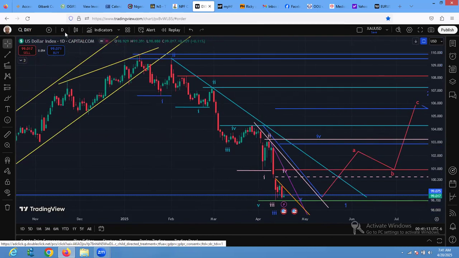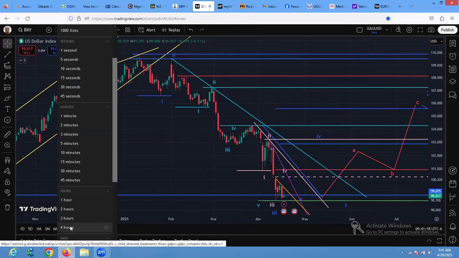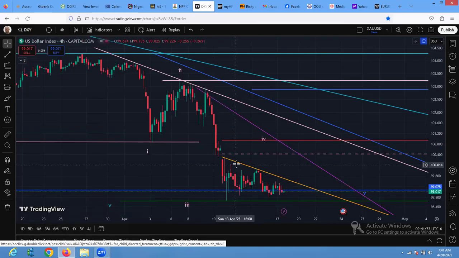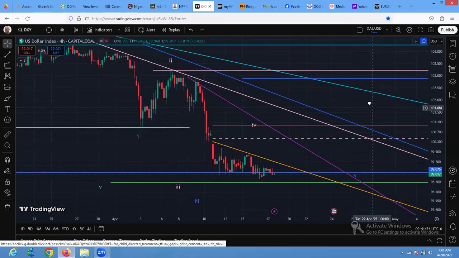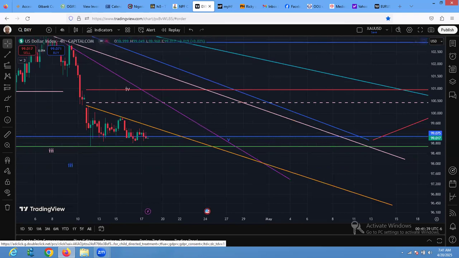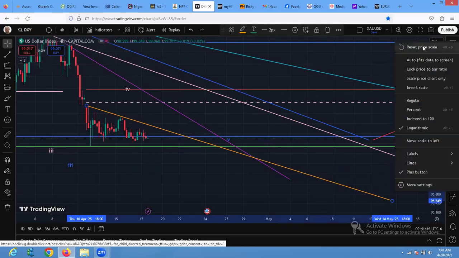So if I go to the 4-hour time frame, this is the ending structure that we want to break out away from. And that would be a good way of drawing this ending structure. So we are connecting those points.